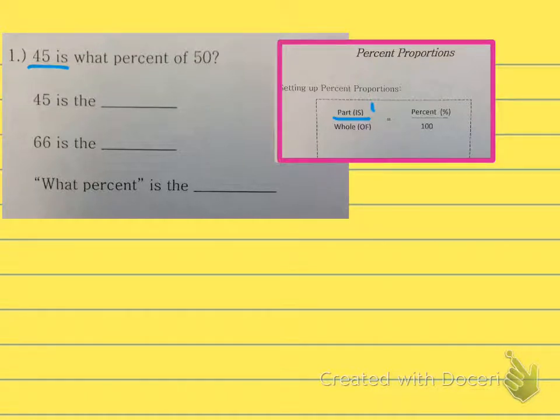Percent is over here, so this is 1, 2, 3, 4. So I'm going to underline what percent with 3 lines because that goes in our third slot. Of, here's that keyword of, is in our second slot, so I'm going to put 2 lines under it. So 45 is 1 line under it, so it is the part.